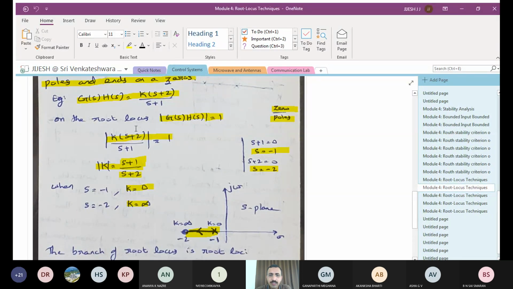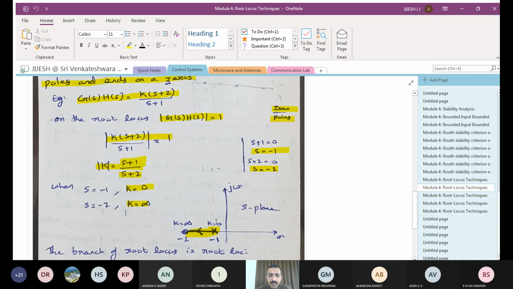The numerator portion gives zeros and the denominator gives poles. So K equal to 0 is at -1, and the pole is denoted at -2.